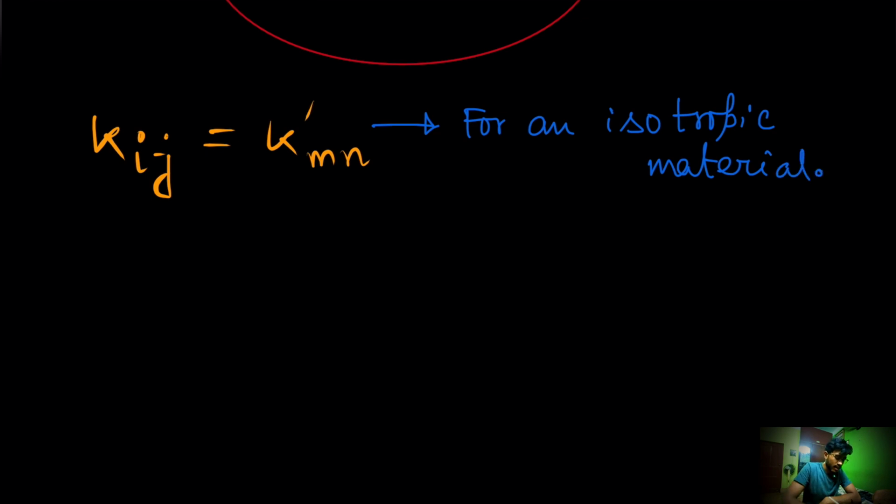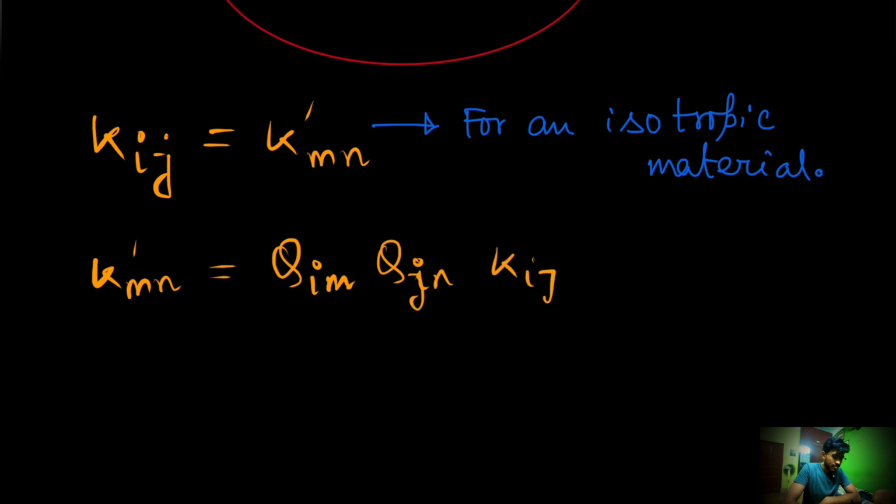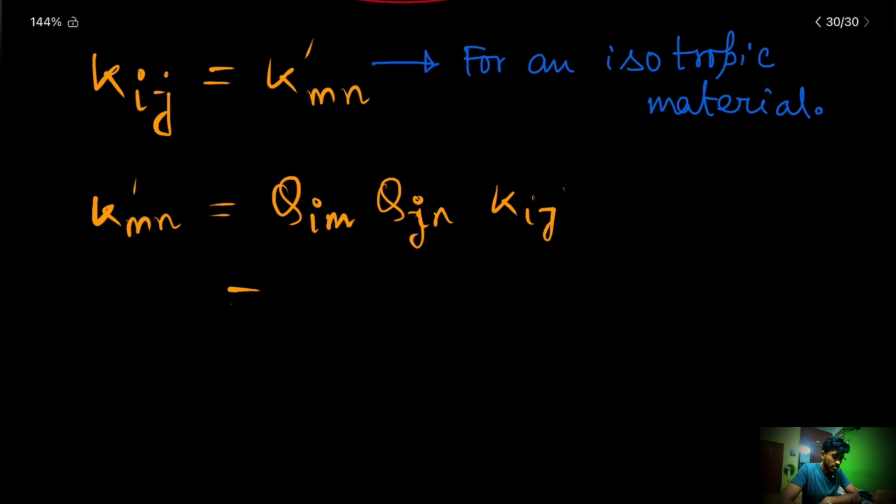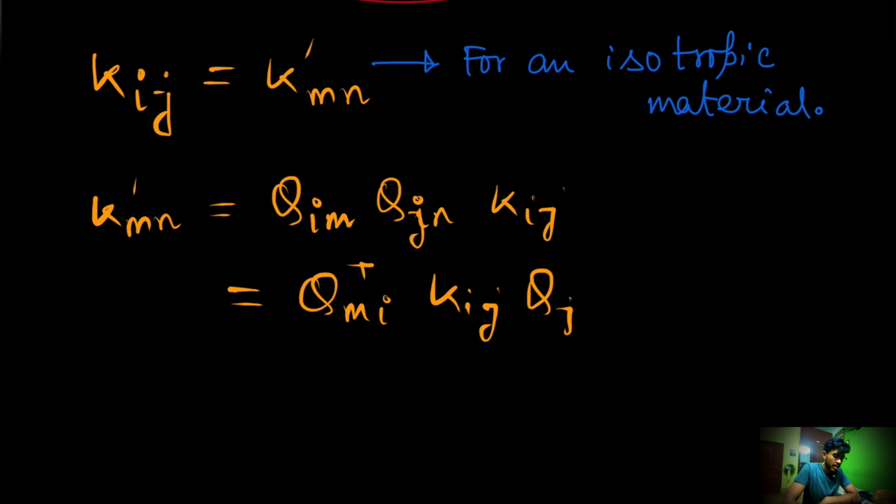Now let us write this K'mn in terms of our Kij. So this will be K'mn equal to Qmi transpose Kij into Qjn.